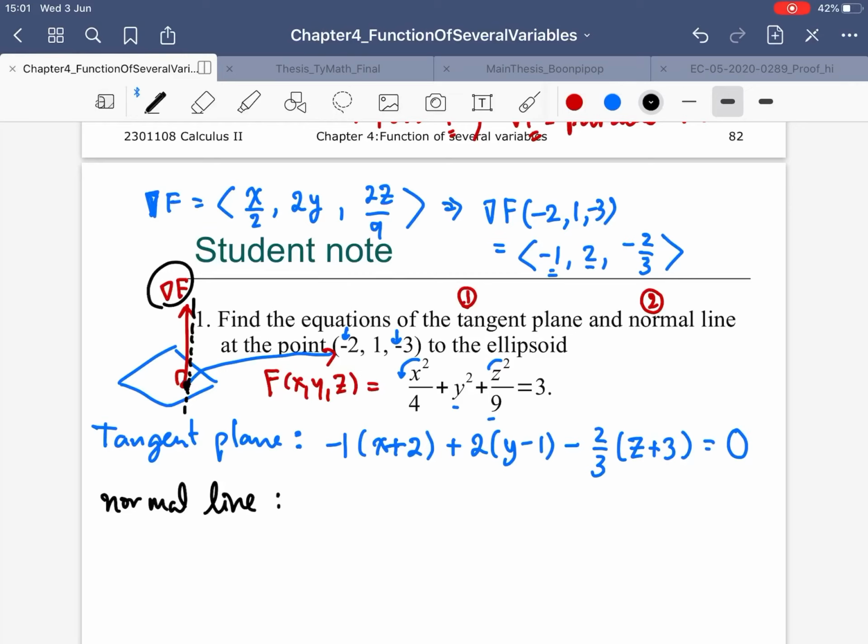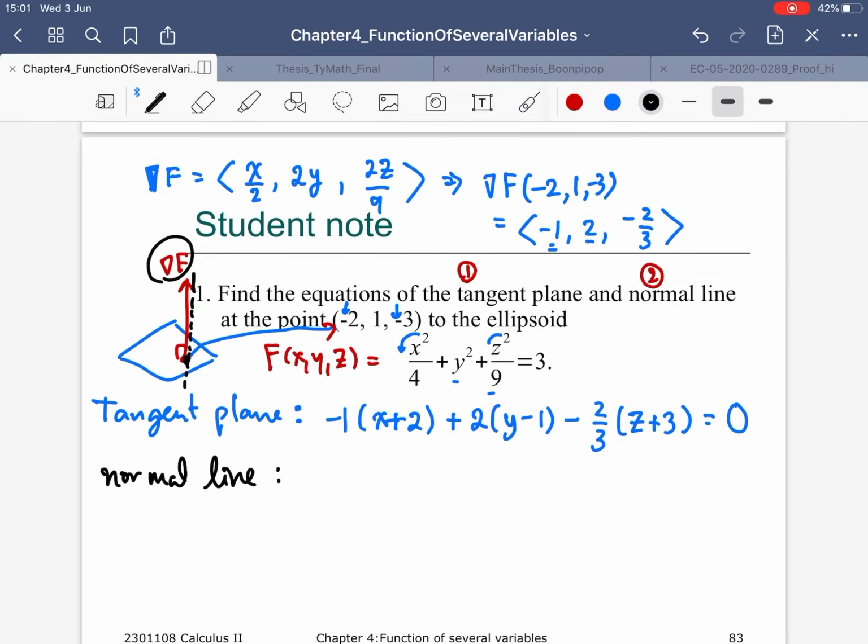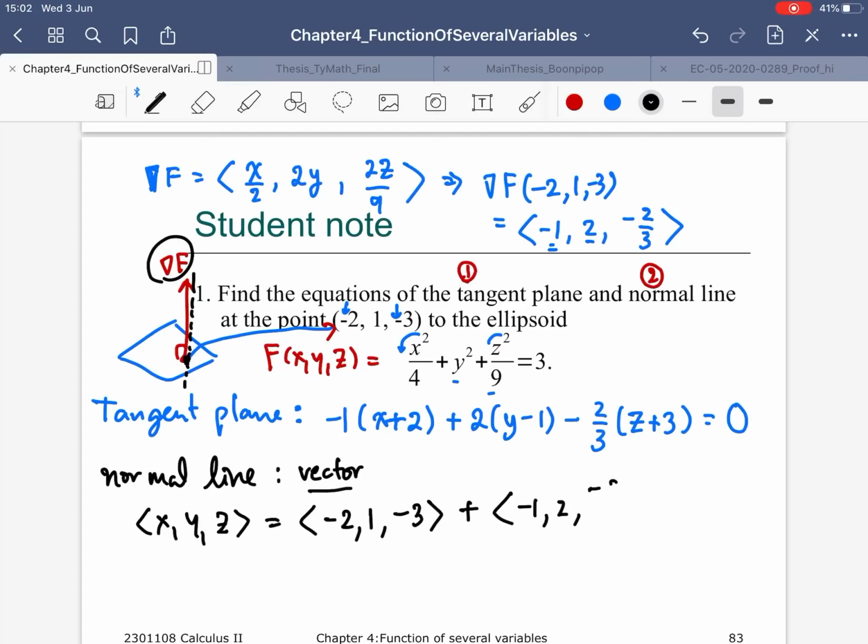So what kind of equation would you like to write down? Just as a review, if you want it in vector form, this is very easy: x, y, z equals the point that it's passing through, plus the parallel vector multiplied by t.